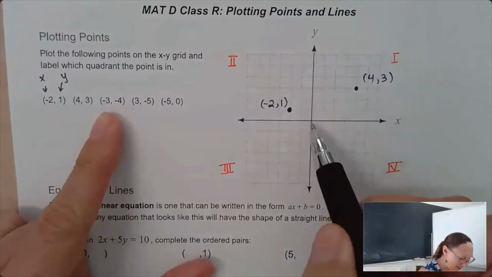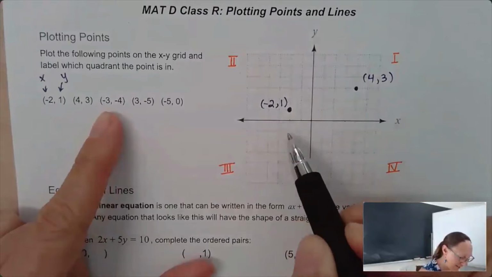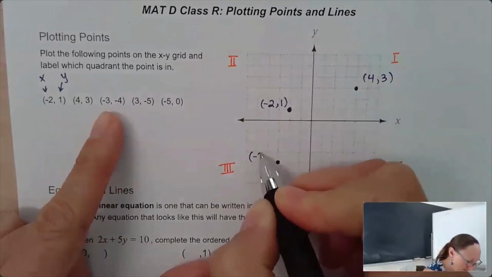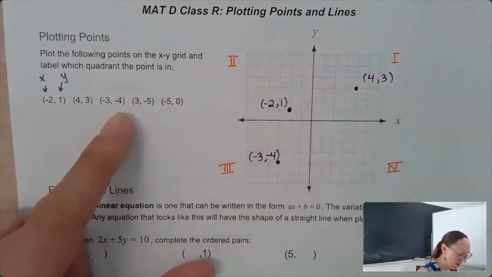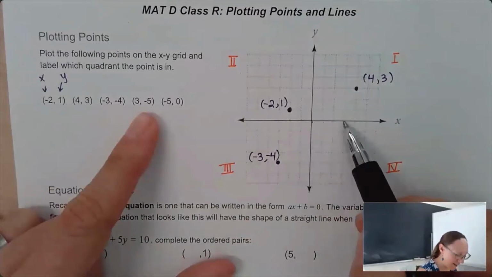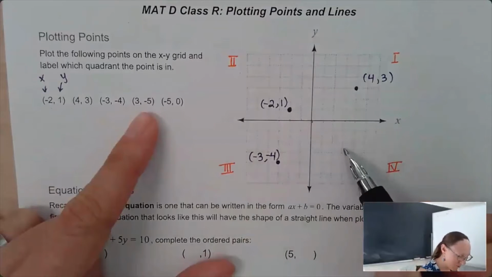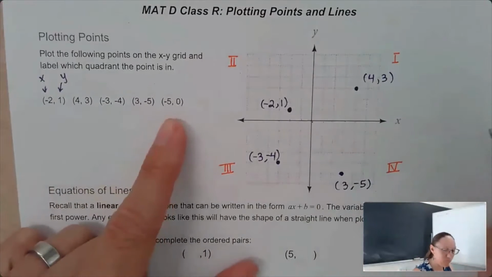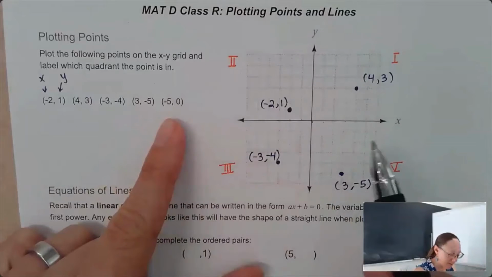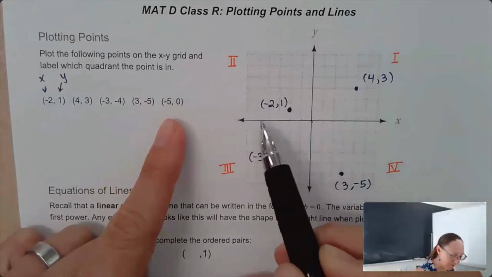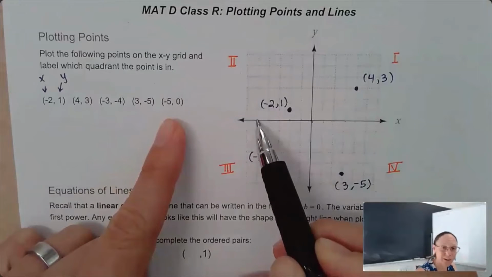-3, -4, this is saying go 3 to the left and down 4, 1, 2, 3, 4. There's my -3, -4. 3, -5 says 3 to the right, down 5, 1, 2, 3, 4, 5, and there's 3, -5. -5, 0 says move 5 to the left, 1, 2, 3, 4, 5, but then don't go anywhere in the Y direction.